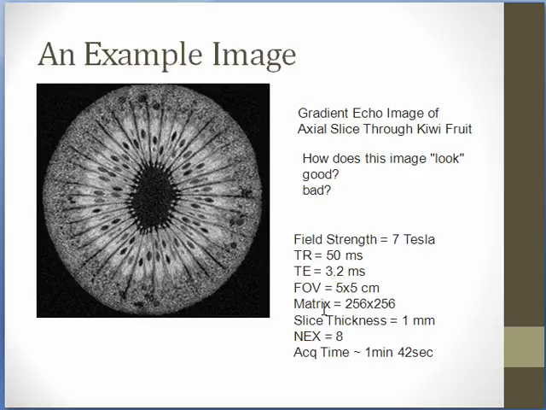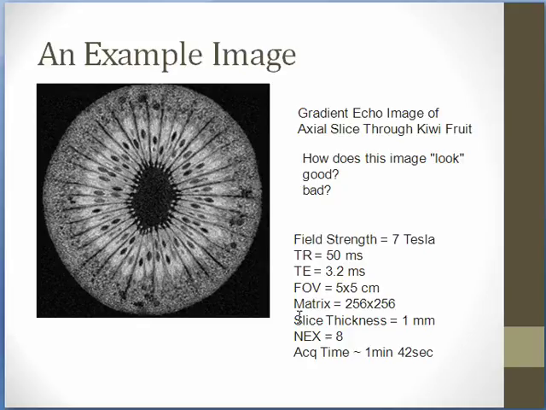So here I'm listing the imaging parameters. The field strength is 7 Tesla, TR repetition time, TE echo time, FOV is field of view, a matrix is 256 elements in the X direction by 256 elements in the Y direction. And the slice thickness, so that tells you that this is a 2D image.